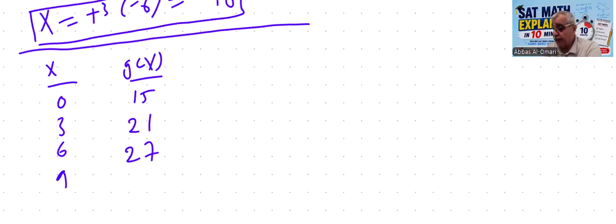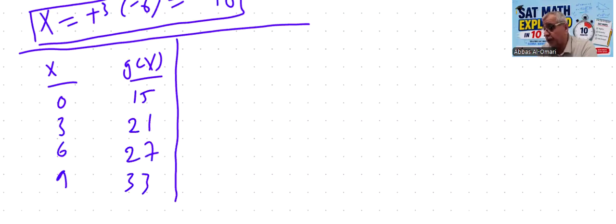And we are given different formulas for G of X, and we want to determine which one is the correct formula.